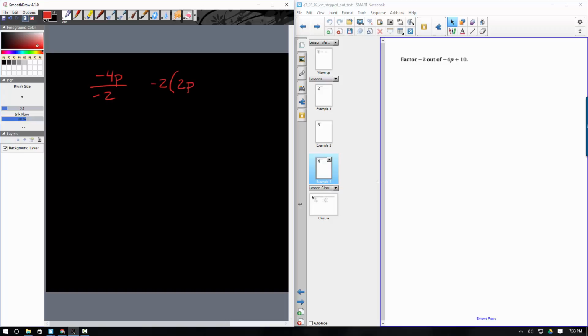And then plus, let's just take 10 divided by negative 2. And I get negative 5, right? So plus negative 5. And then I can see if this goes back again. So negative 2 times 2p is negative 4p, which is what this is. And negative 2 times negative 5 becomes a positive 10. So when I distribute this out, it does work. But this is what it is in factored form.